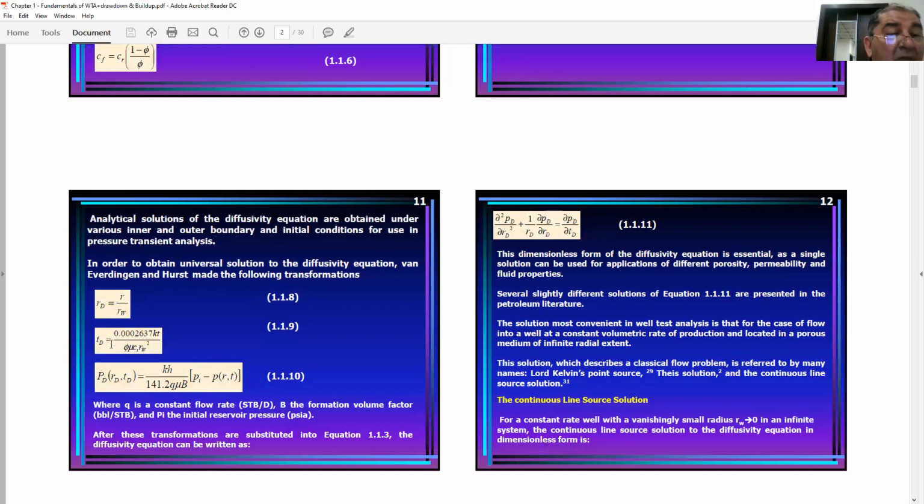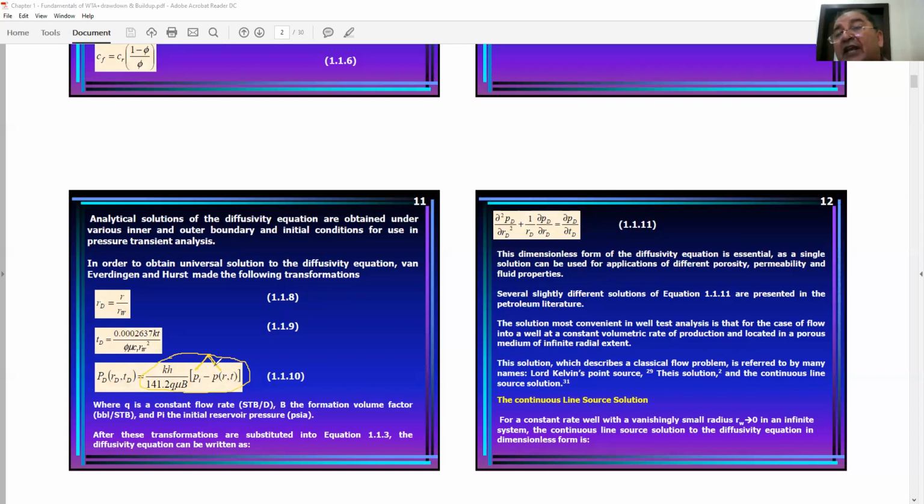So please memorize t_D. And what is the third parameter? The third parameter is p_D, dimensionless pressure. What is dimensionless pressure? It is the real pressure difference defined by a reference pressure difference. This one is k h divided by 141.2 q μ B, times Δp. Here Δp is p_i minus the pressure at any point at any time.